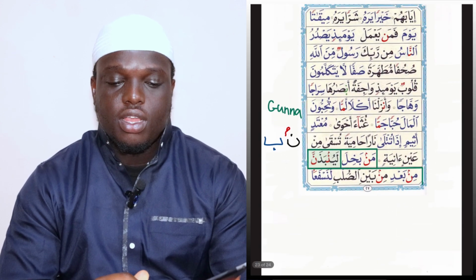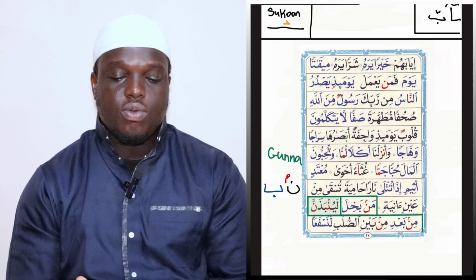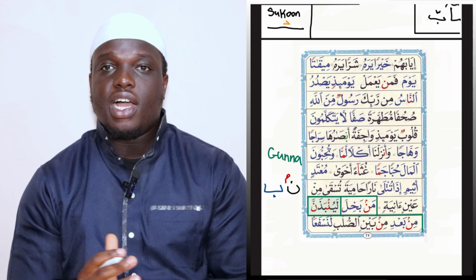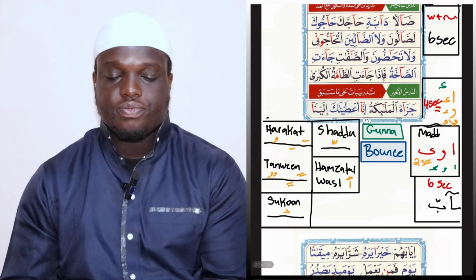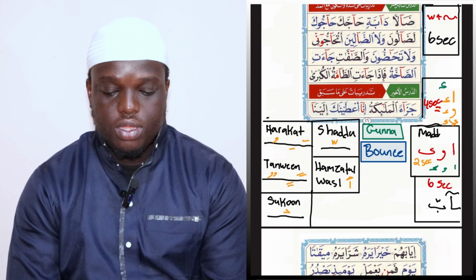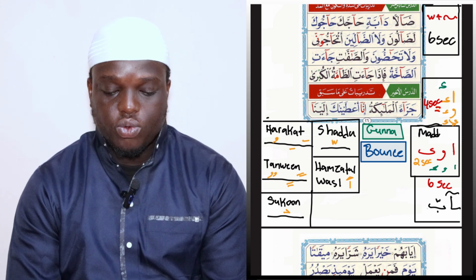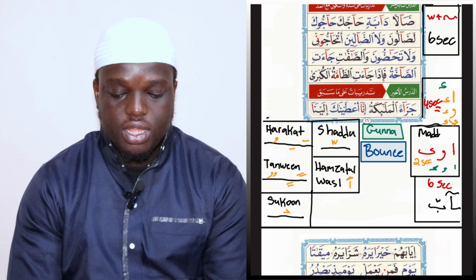And this is the lesson here. As you go through this lesson, after you break it down a few times, I want you to be able to read it out without breaking it down. How does that sound? For example, jazaan. I want you to try to read it out without breaking it down.